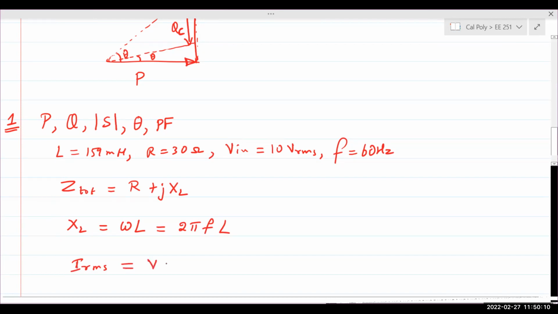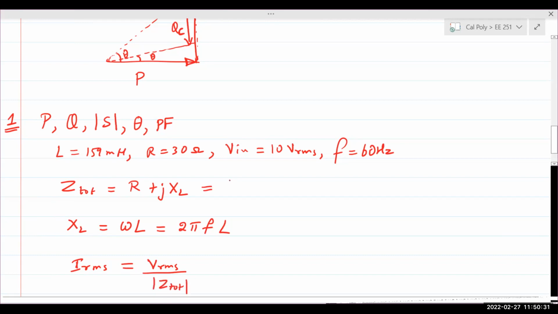That would be given by simply V RMS divided by, actually it's not R, it should be the magnitude of Z total.